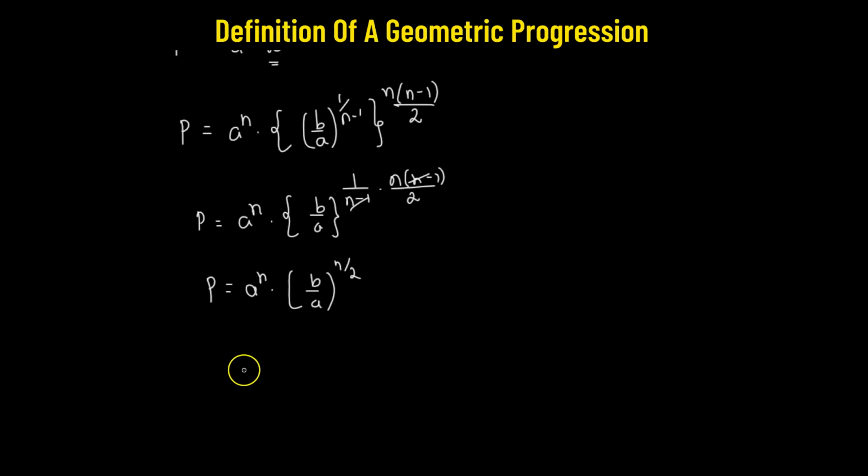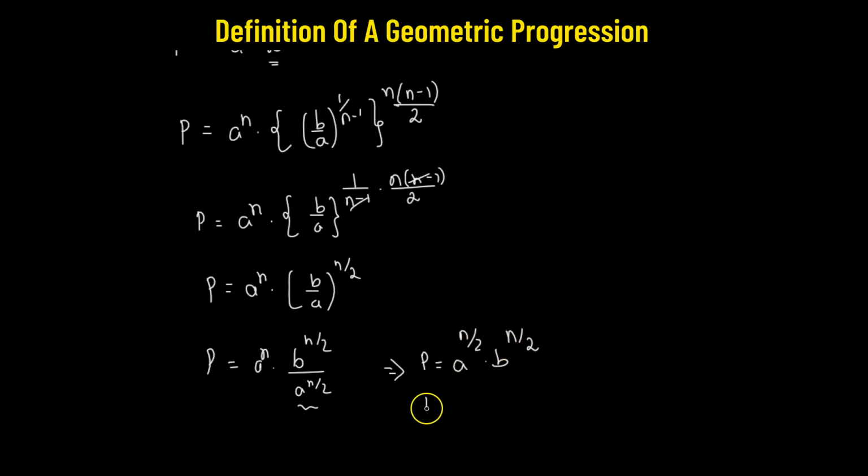So we can further simplify. p will be equal to a raised to the power of n times b raised to the power of n over 2, divided by a raised to the power of n over 2. We can take this a and combine it with the a in the numerator. So instead we get p equals a raised to the power of n over 2 times b raised to the power of n over 2.